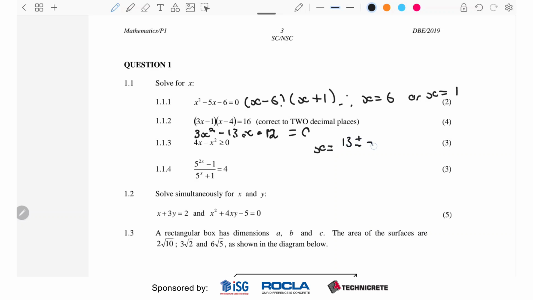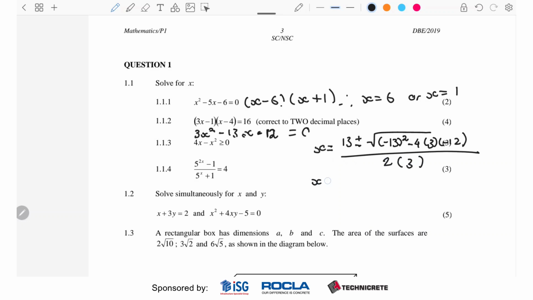Once we substitute into the quadratic formula, we'll get x is equal to 13 plus minus square root of negative 13 squared minus 4 times 3 times minus 12, over 2 times 3.